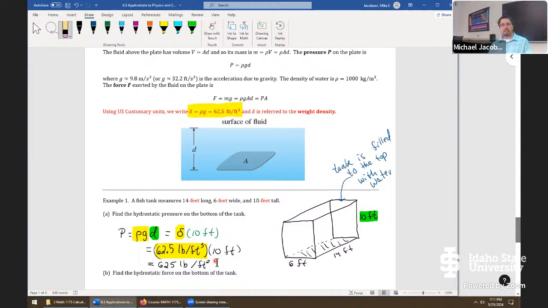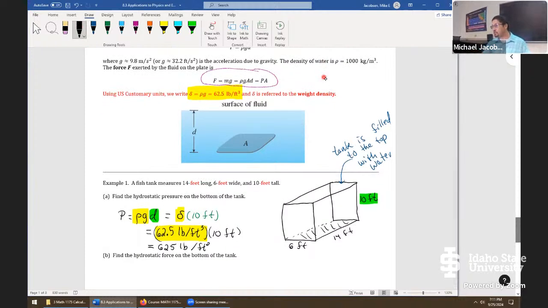Okay, if we're in US customary units, the next thing we're going to do is hydrostatic force. That's this quantity up here. That's going to be pressure times area. But at the end of the day, this is just going to be the weight of the water on the tank. Sure, it's mass times gravity, but with our units, it turns into the pressure we just calculated times the area of the tank.